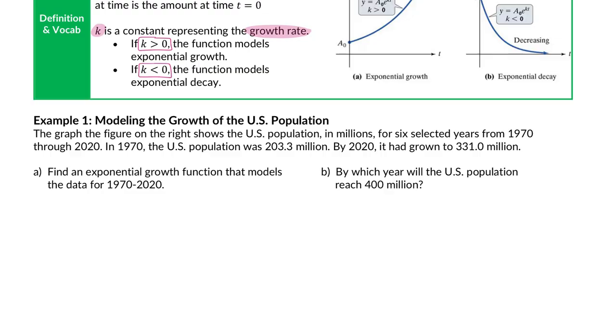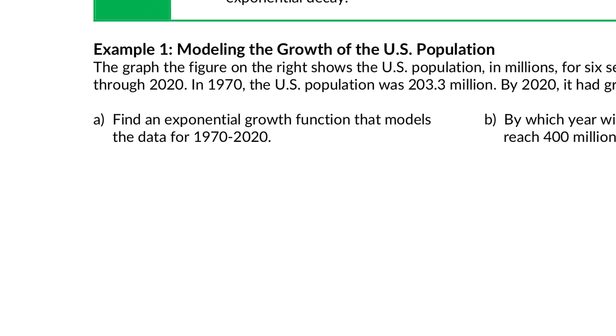Our first job today is to find or write an exponential growth function that models the data for the years 1970 to 2020. We are trying to fill in A equal to A sub 0 times e to the kt power. The two things you need are an A sub 0 and a k.